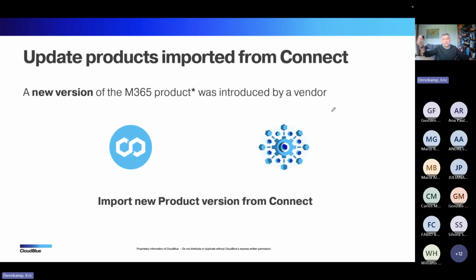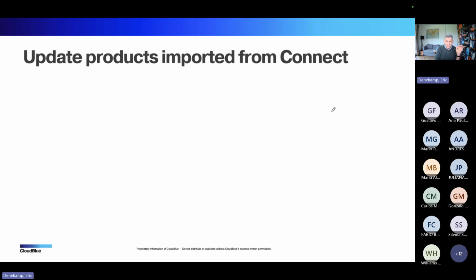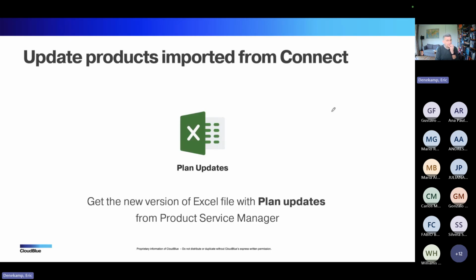That means that somebody's going to import the new file, update the existing product in PLM, and then you can update the PPR file. So first you have to do the new product from Connect, then you get the new version with plan updates from the product service manager, maybe edit what needs to be edited, and then you import it.